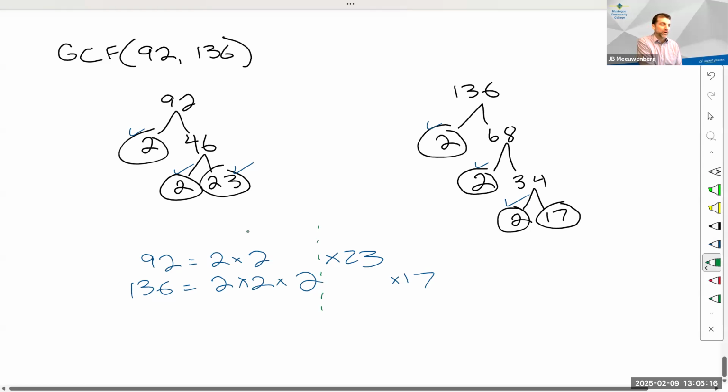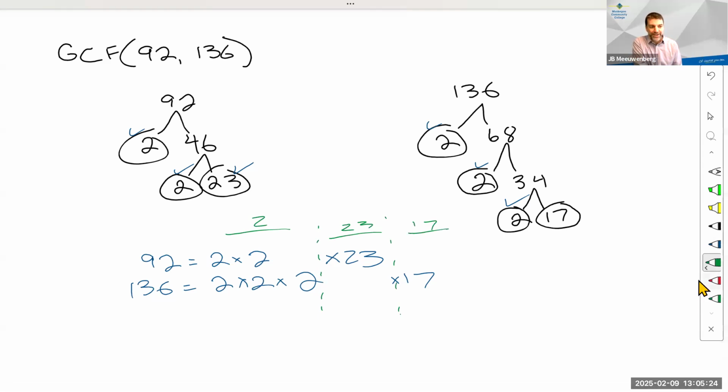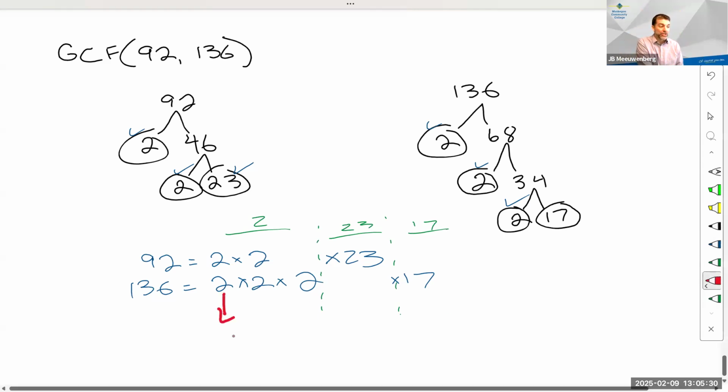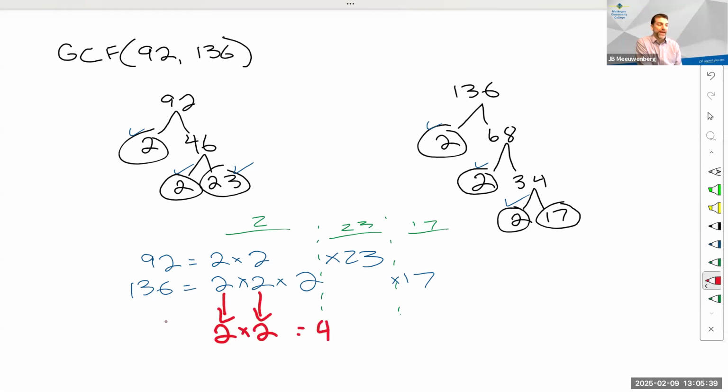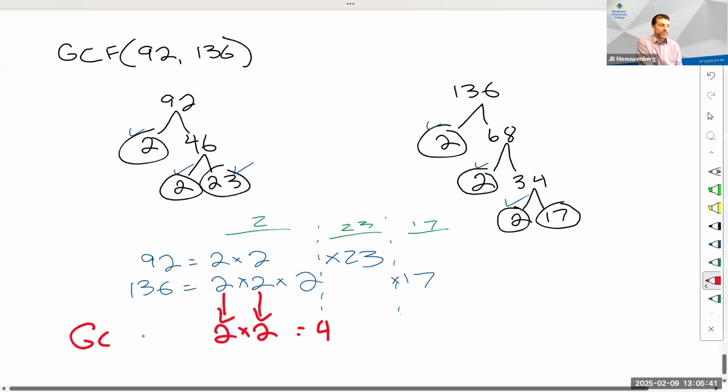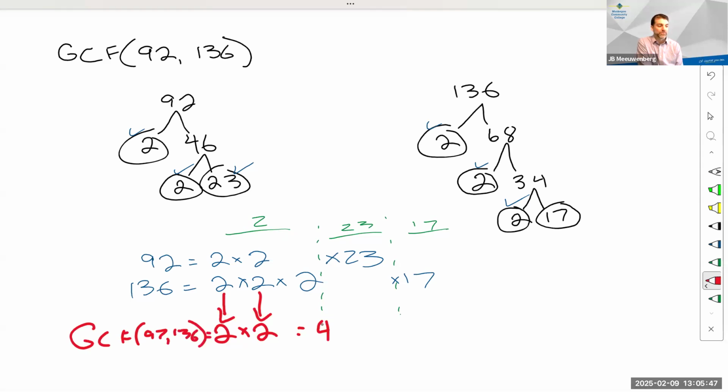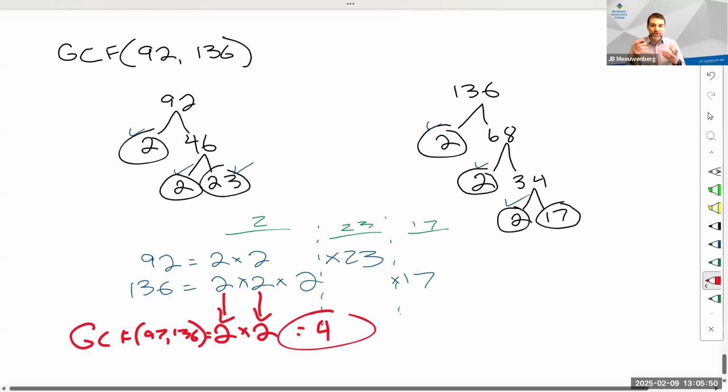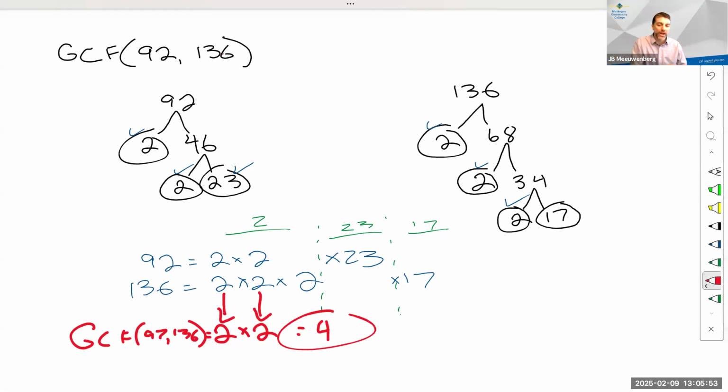So my 2's are all grouped here, my 23's here, and the 17's here. So all we're really looking for here are where, again, they have things in common. And you'll notice that they have 2's in common there, 2's in common there, and that's it. That is it. 2 times 2 is 4. So that tells us that the greatest common factor of 92 and 136 is equal to 4, right? The biggest number that divides both 92 and 136 is 4.